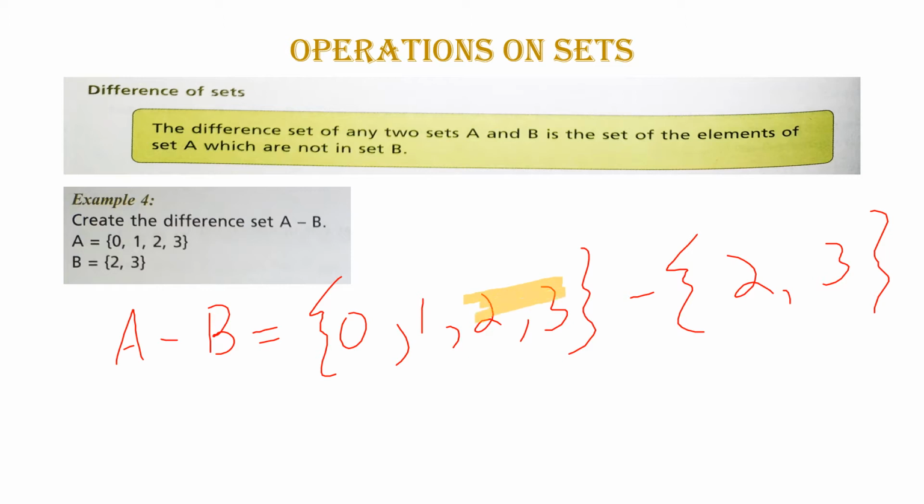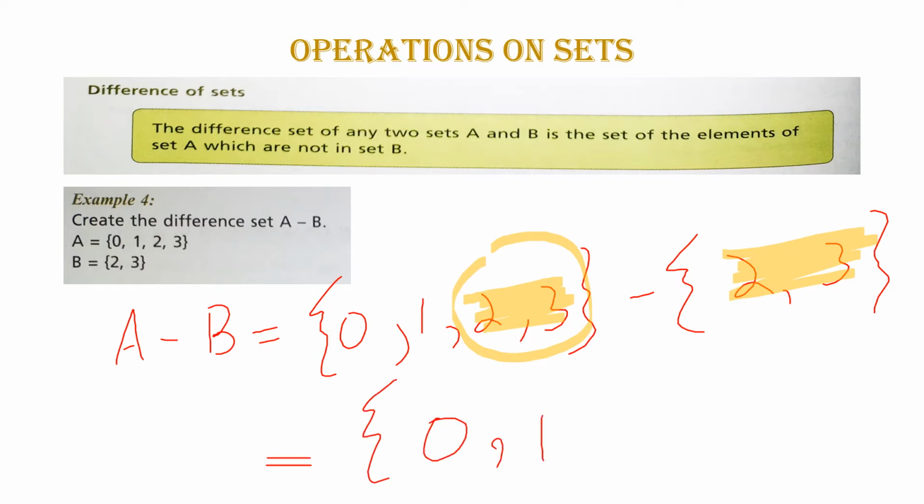We have 2, 3 here and 2, 3 here, so we will not write 2, 3 in the difference set, because you don't have to write those elements which are present in set B. We will write only those elements which are not in set B, and that is only 0 and 1. So this is the difference of sets A and B.